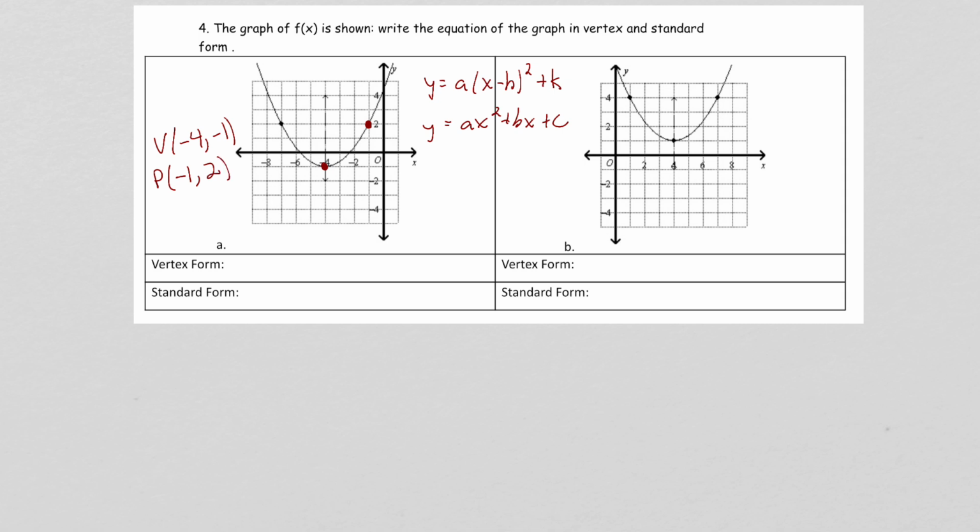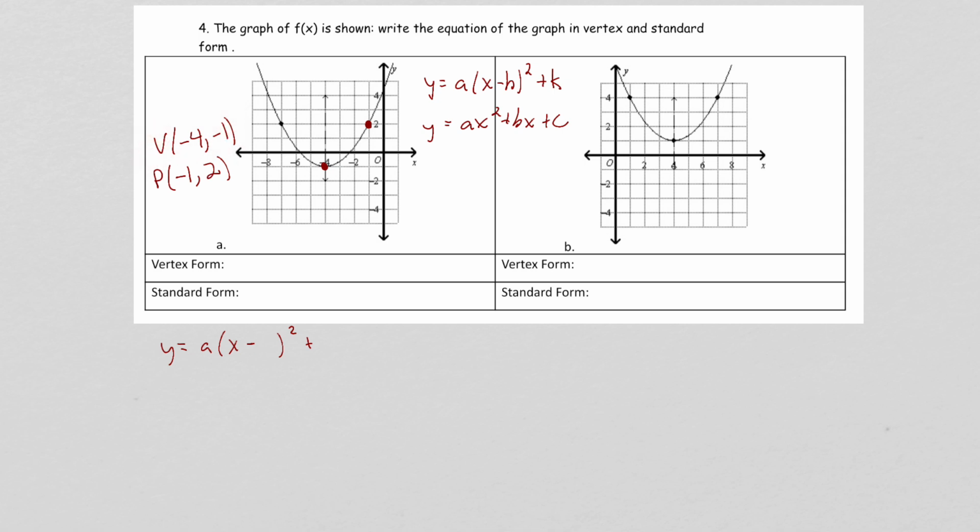Once I have that information, then it's pretty simple to quickly get it into vertex form. I write y equals a times (x minus, I'll leave a gap) squared, plus I'll leave another gap. What I want you to see is that the h is always this value, and the k is always this value from the vertex.